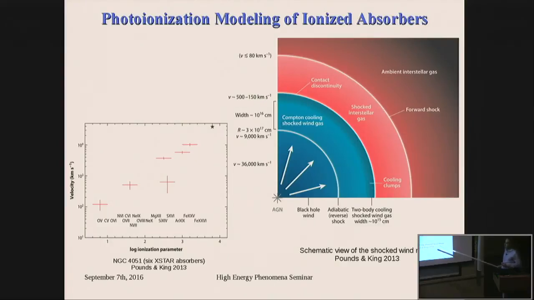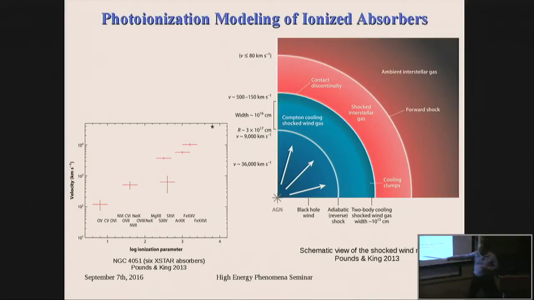Here you see the result of photoionization modeling of NGC 4051. In this paper, they model different warm absorbers using 6 different absorber components. And here you see the plot of ionization parameter versus outflow velocity.